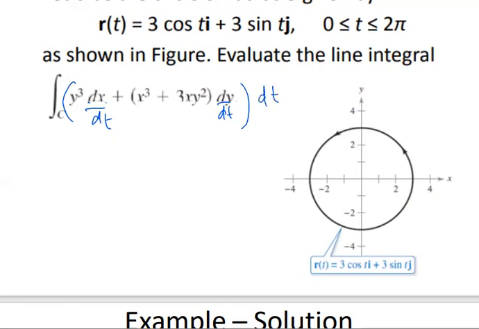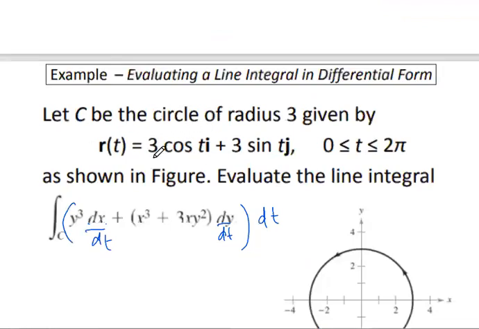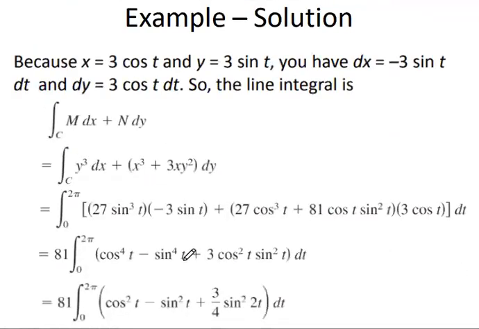Rearrange the equation, and if you know x of t, y of t, you can find the first derivative very easily. Put that in, and your y is equal to this. Plug that in and simplify. Very easy.